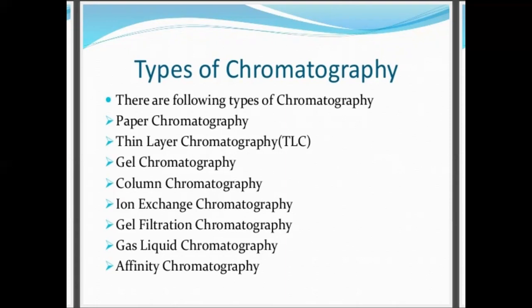Gas liquid chromatography also I have given a brief introduction. In paper chromatography you have descending, circular, and ascending paper chromatography techniques. So you have one dimensional and two dimensional chromatographic techniques also.